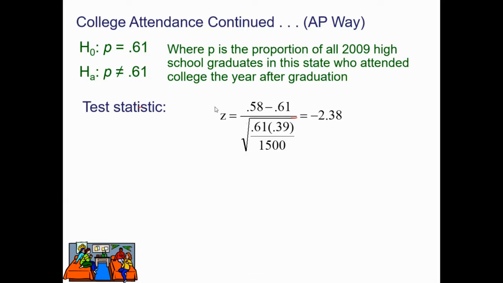Okay. Now, for the p-value method, what we want to do is look at the area that's more extreme than this. But notice, what kind of test is this? Is that not equal? It's a two-tailed test.